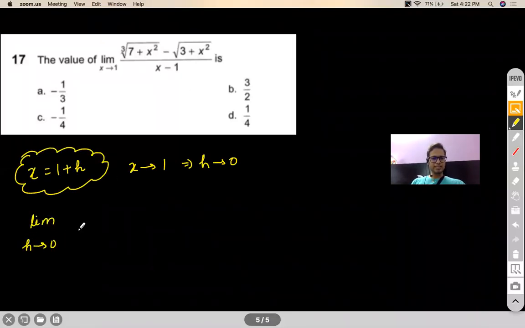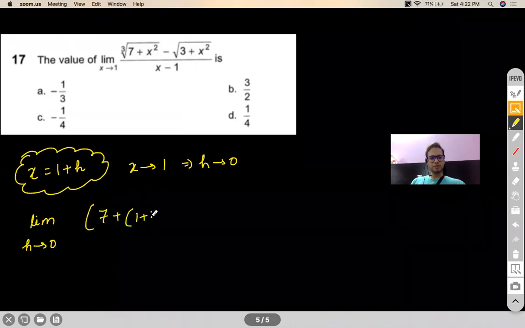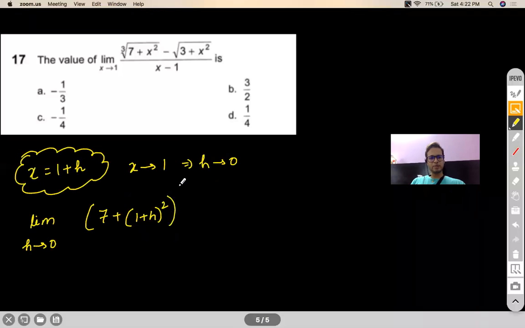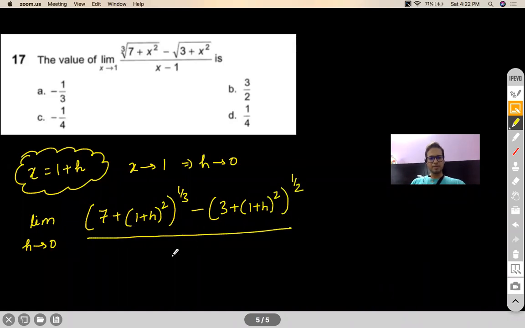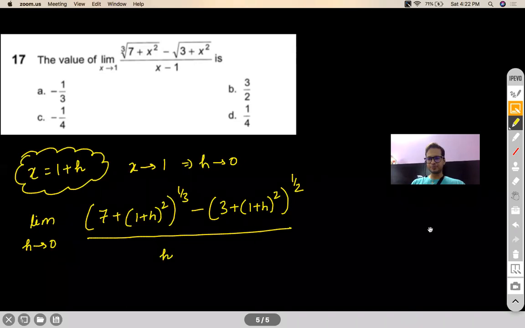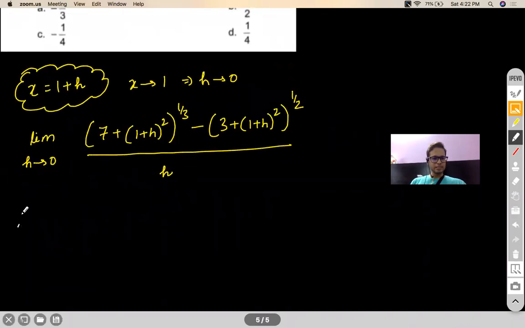So limit h tending to 0, you have 7 plus (1 plus h) whole square to the power of 1/3, minus 3 plus (1 plus h) whole square to the power of half, whole divided by h.